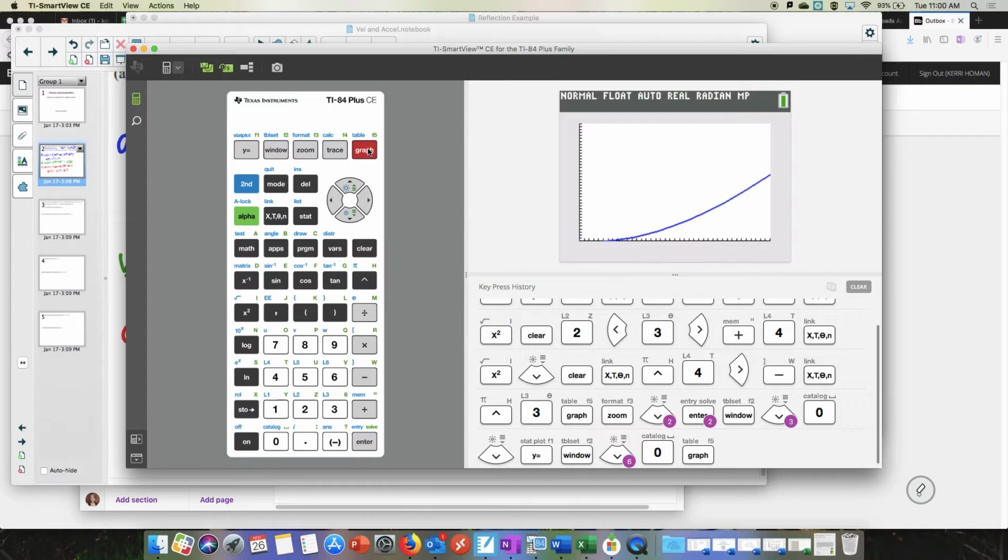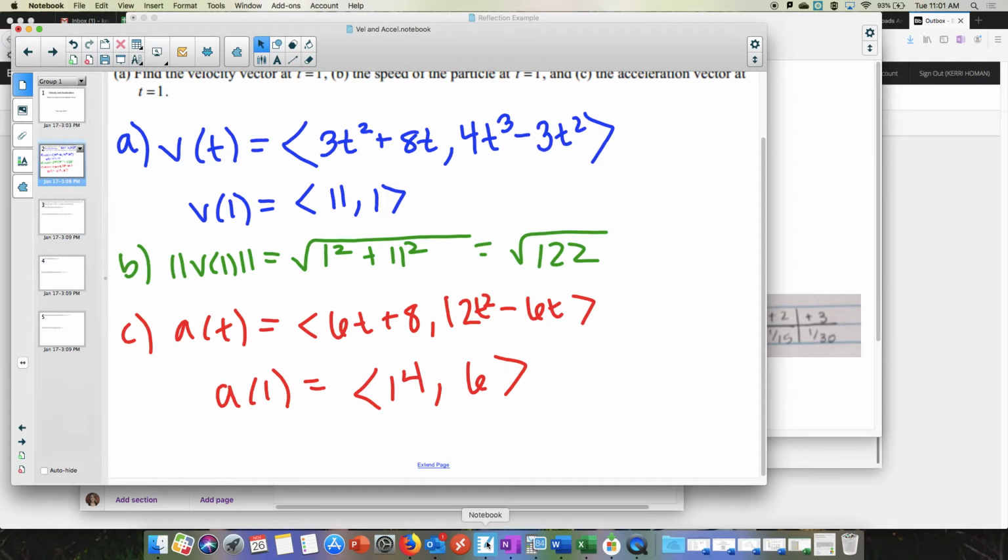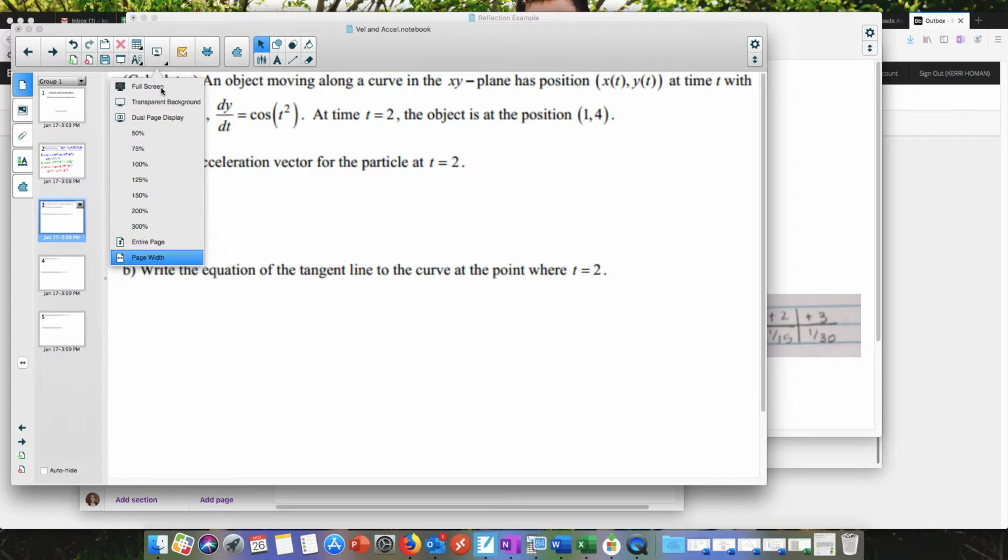I'm in agreement with that. She said it doesn't matter. So there's our velocity vector. Okay, 11, 1, plotted right there. There's our velocity vector. Okay. That didn't make us think very much.